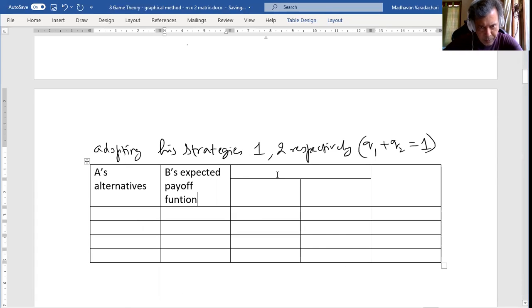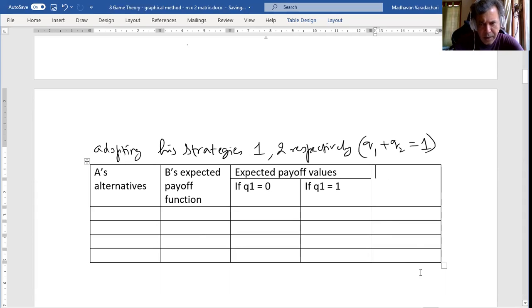Here we have expected payoff values if Q1 equal to 0 and Q1 equal to 1. Why do we take this? Because the minimum probability value possible is 0, the maximum probability value possible is 1. And substituting 0 and 1 and finding the values will be much easier than choosing any other values. For that reason, we are choosing 0 and 1.